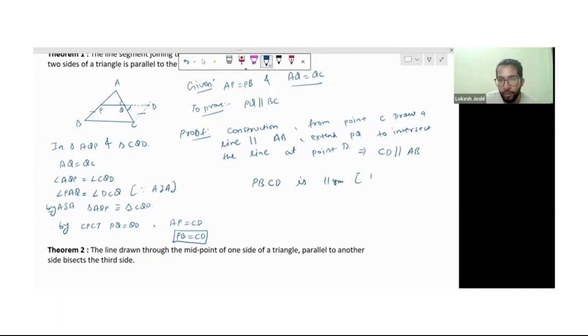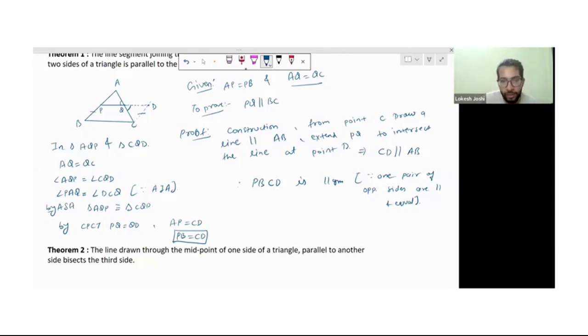Why? Because one pair of opposite sides are parallel and equal. And we have done this property in this chapter and before, that if in a quadrilateral one pair of opposite sides are equal and parallel, then this figure is a parallelogram.